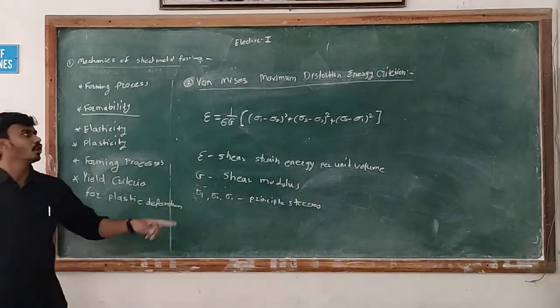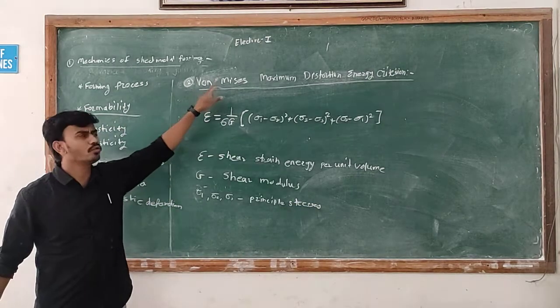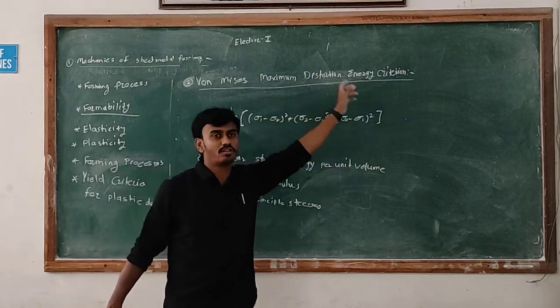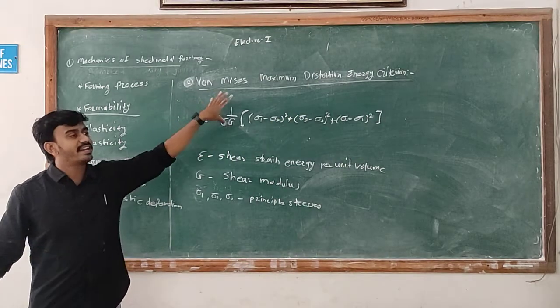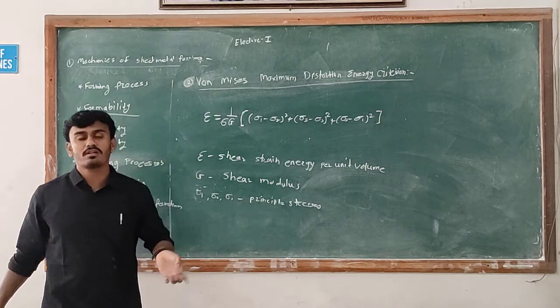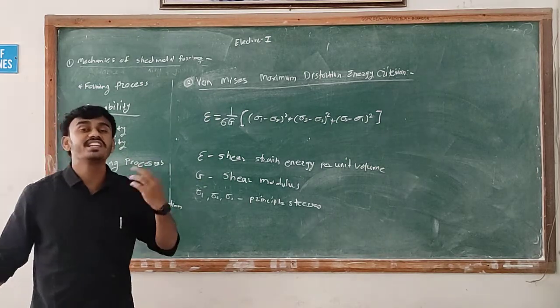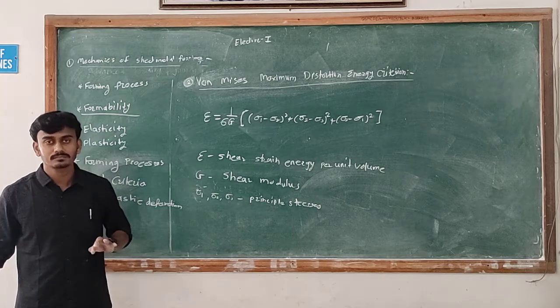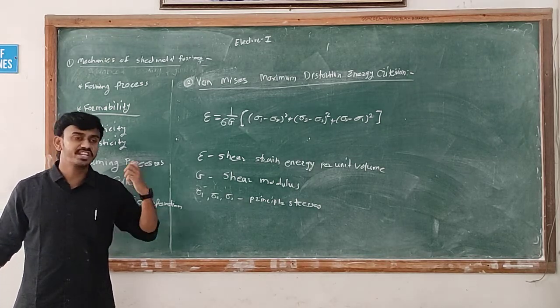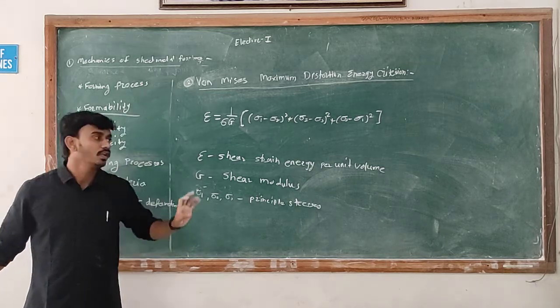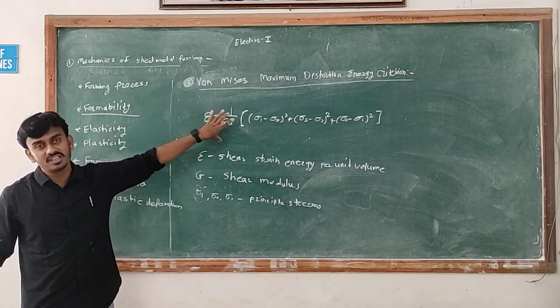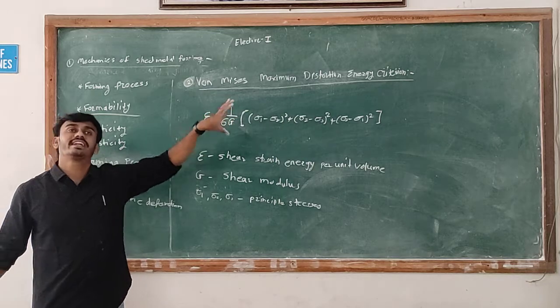So, according to the von Mises maximum distortion energy criteria, to initiate plastic deformation in a material, the shear strain energy must reach its critical value.